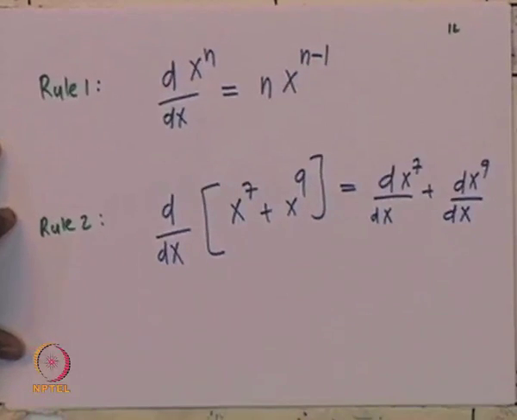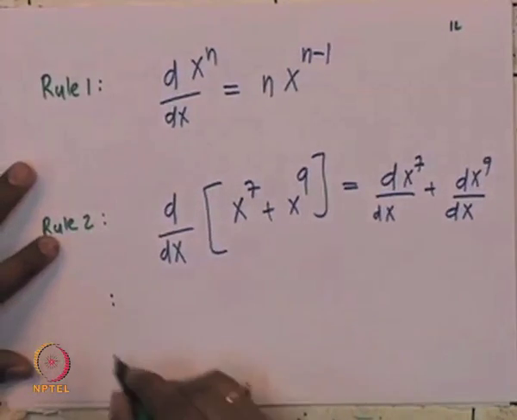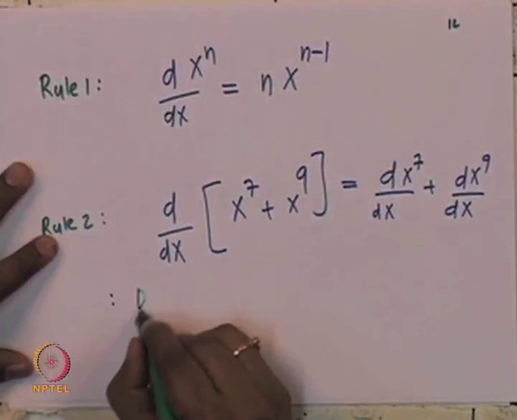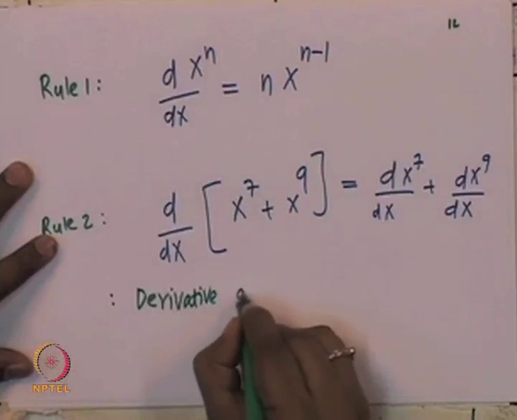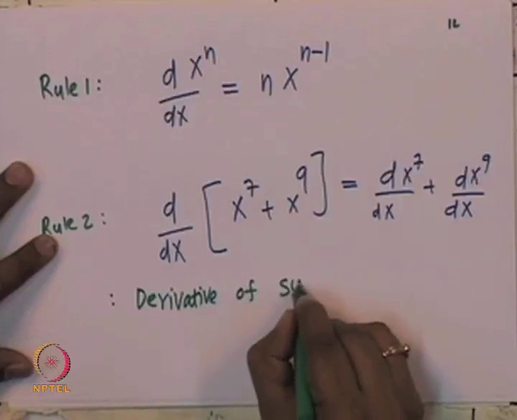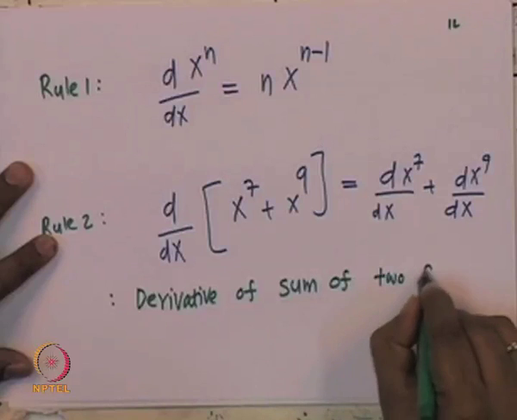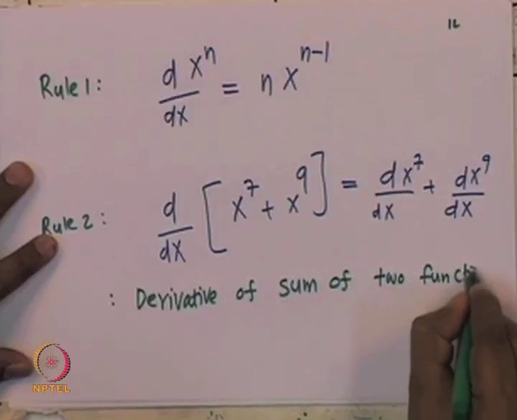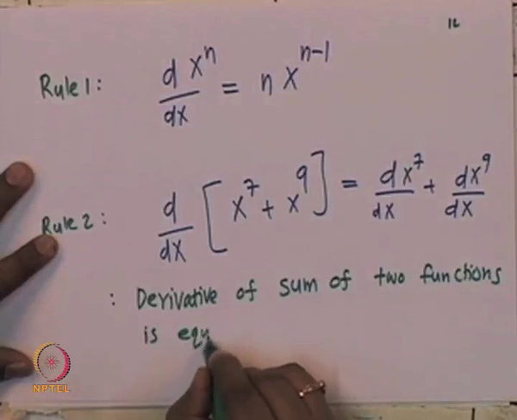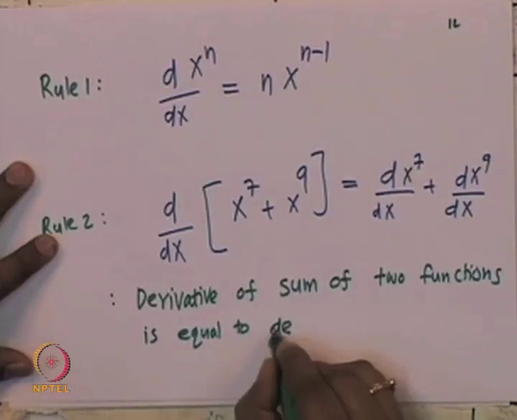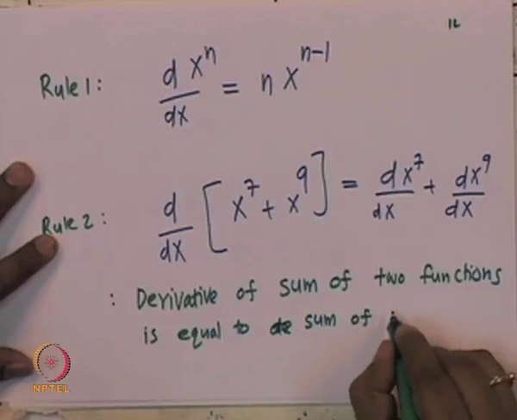So, this is the second rule. If I write this rule in words, it says the derivative of a sum of two functions is equal to the sum of their derivatives.